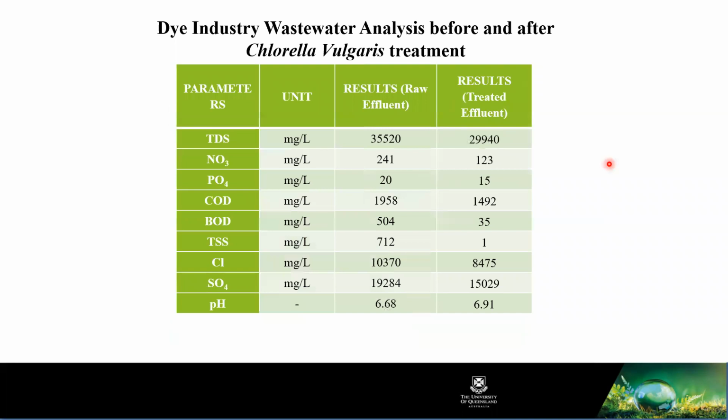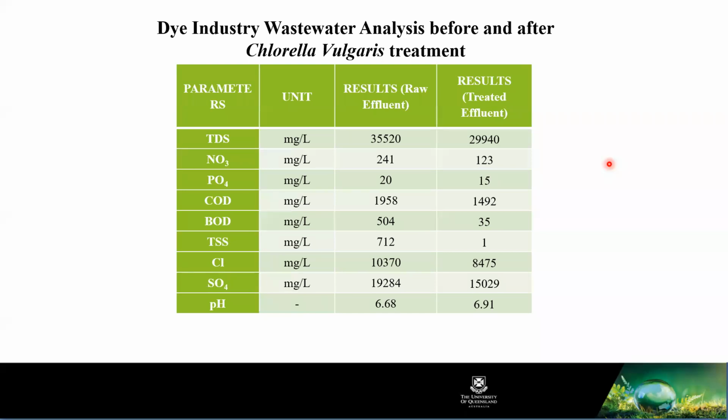So the same project with Chlorella vulgaris shows quite a bit different result, but still you can see the differences in reduction. The TDS, a little bit, nitrate, half, phosphate, a little bit, but not much like the previous case. Then the COD, not much like the previous case, but still there is a reduction.